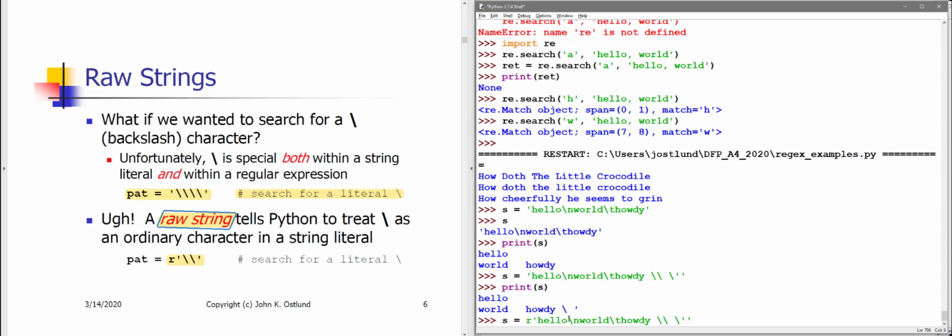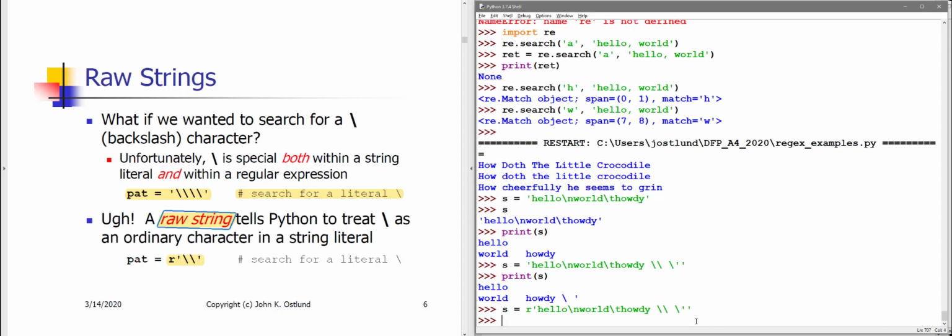So we now have a literal backslash character followed by an n. It's no longer a new line character. And we have a literal backslash character followed by a t. And then we have a literal backslash character followed by a literal backslash, and a literal backslash character followed by a quote. And here we have a stray single quote out at the end, so we're actually going to get yelled at when I hit the enter key here.